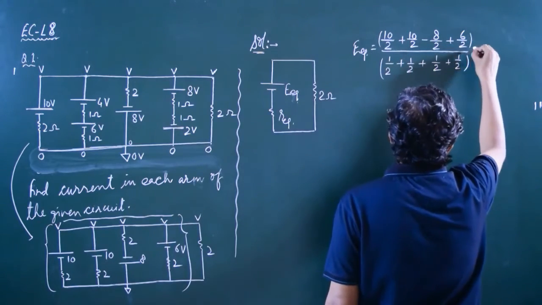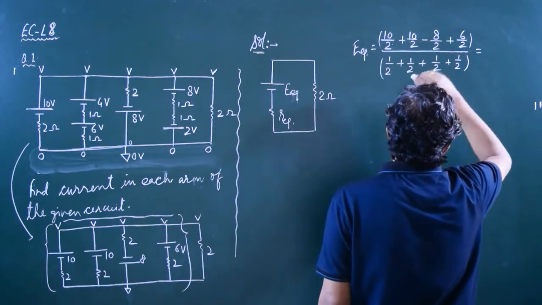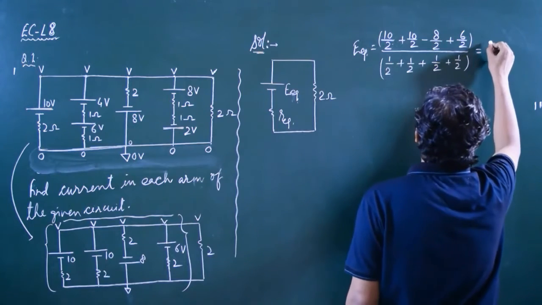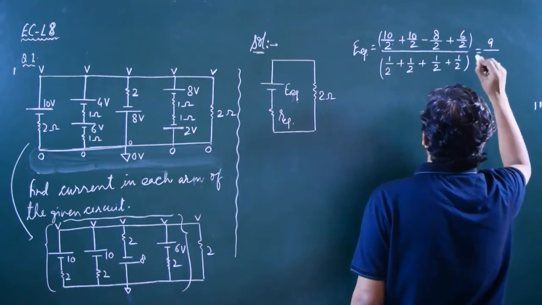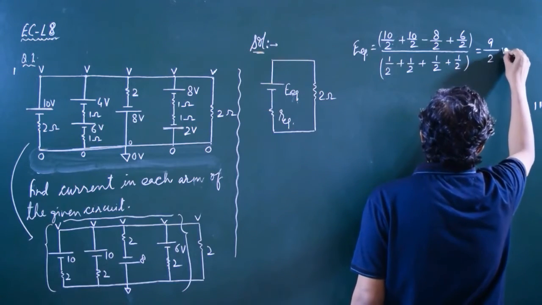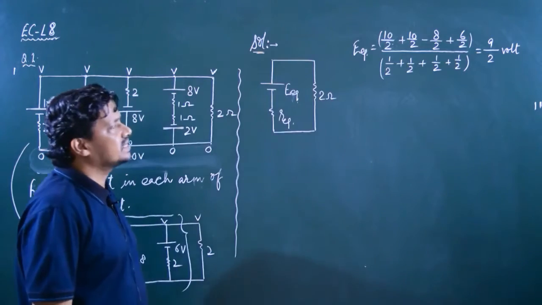Now simplify it, what we get? 5 plus 5 is 10, 10 and 3 is 13, and 13 minus 4 is 9, divided by 2. So 9 by 2 volt is the equivalent EMF for this circuit.